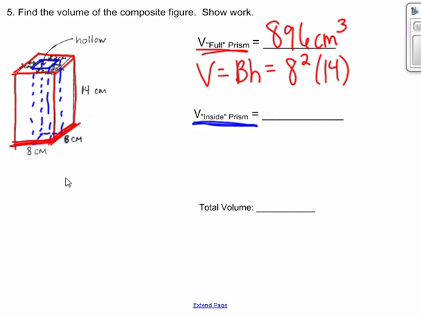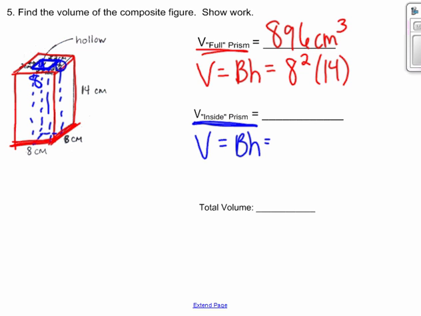And then the inside prism is also a prism, so it's going to use the same formula. But here I have to do a little more work figuring out what the dimensions are. Notice that it says 2 centimeters thickness in between here. So if I have 2 centimeters on the left and 2 on the right, and this whole side is 8, that's going to make this part 4.